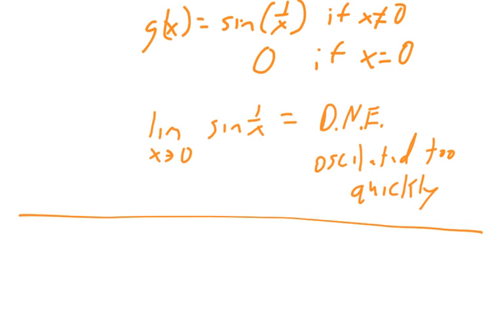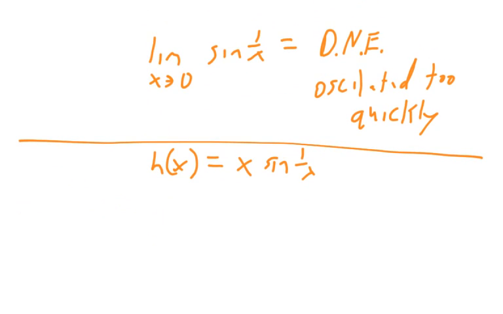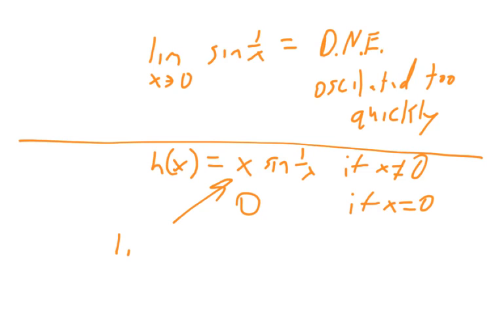Now, when we want to do the same thing with the next problem where we had h of x equals x sine of 1 over x, and we have the point if x doesn't equal 0, and 0 if x equals 0, it turns out that numerically, because that's the only way we can do it, the limit as x approaches 0 of x sine of 1 over x did turn out to equal 0.